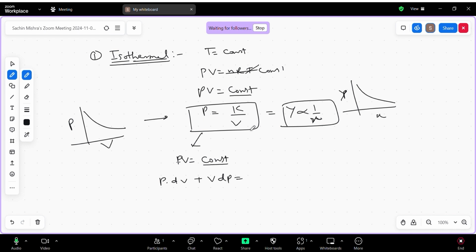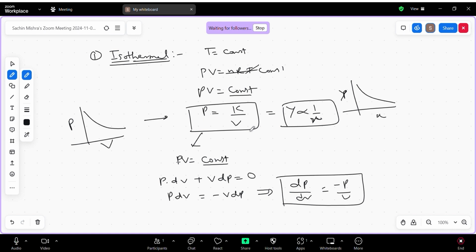And the differentiation of a constant equals 0, as you have already studied. So we can write P dV equal to minus V dP. Let's simplify. We get dP by dV equal to minus P by V.